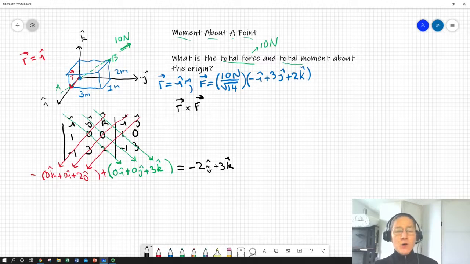Okay, so our moment is in the jk plane, basically. So it's somewhere in this plane. It doesn't have an i hat component, so there's nothing sticking out in this direction. So the twist is being exerted, basically, the body's going to want to rotate about like this.